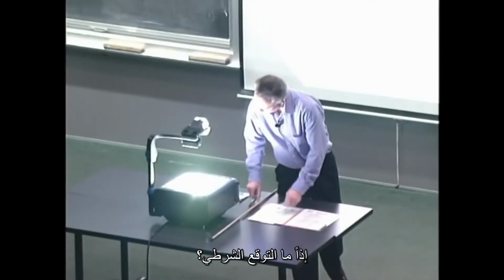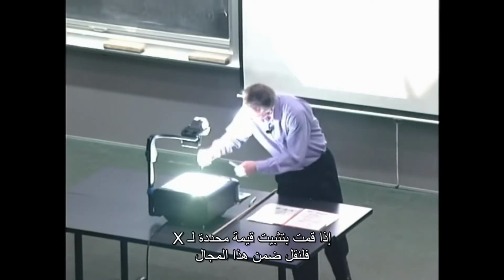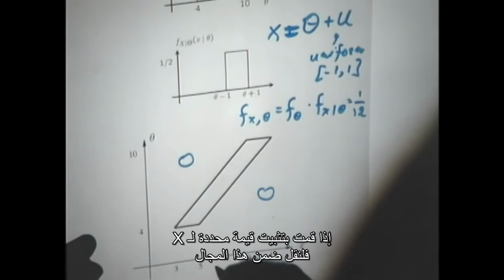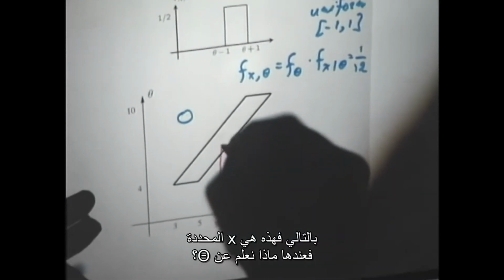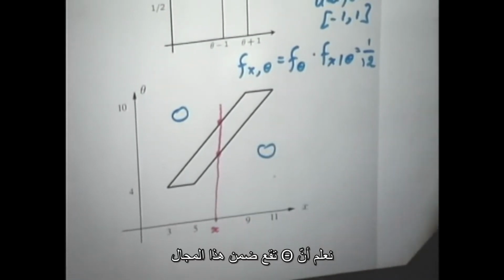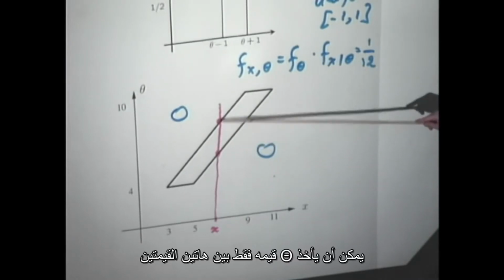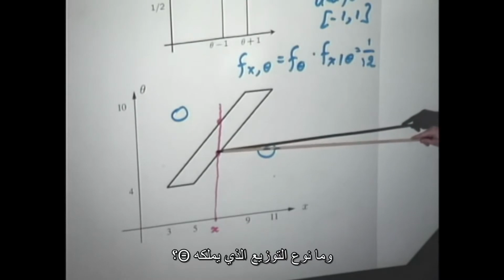So what is the conditional expectation? If you fix a particular value of x, let's say in this range, so this is our x, then what do we know about theta? We know that theta lies in this range. Theta can only be somewhere between those two values. And what kind of distribution does theta have?